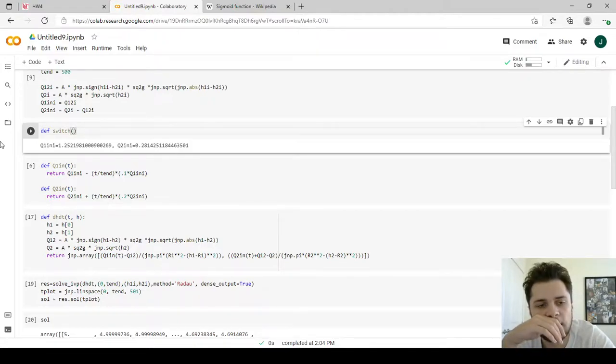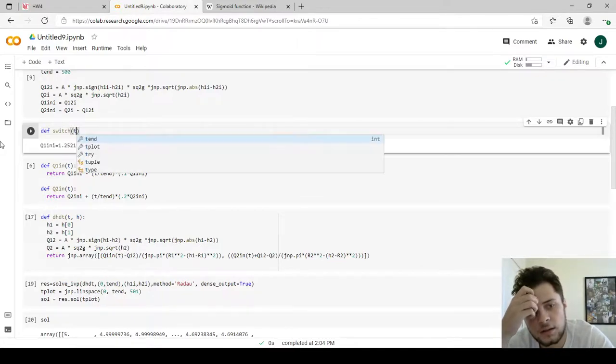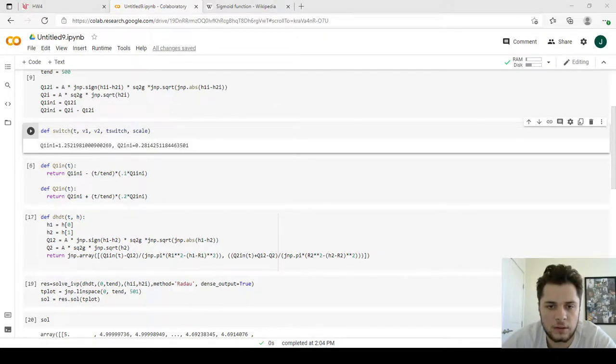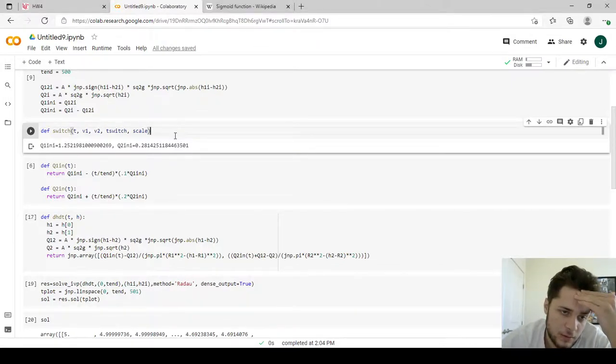And with this, the things I'm going to want is the time that it's happening, my initial position, my new position, the time it's going to switch at, and some sort of scale. So that will give that.